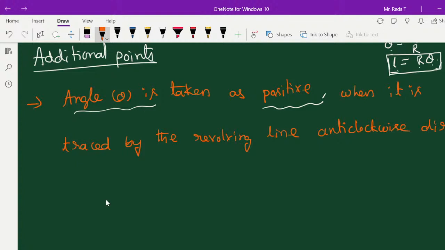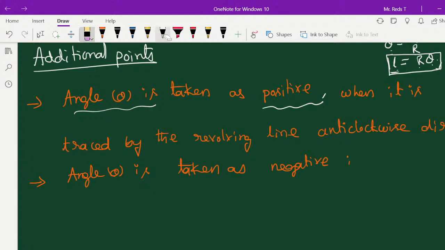Then when will it be taken as negative? Vice versa. Angle theta is taken as negative if it is covered in a clockwise direction.